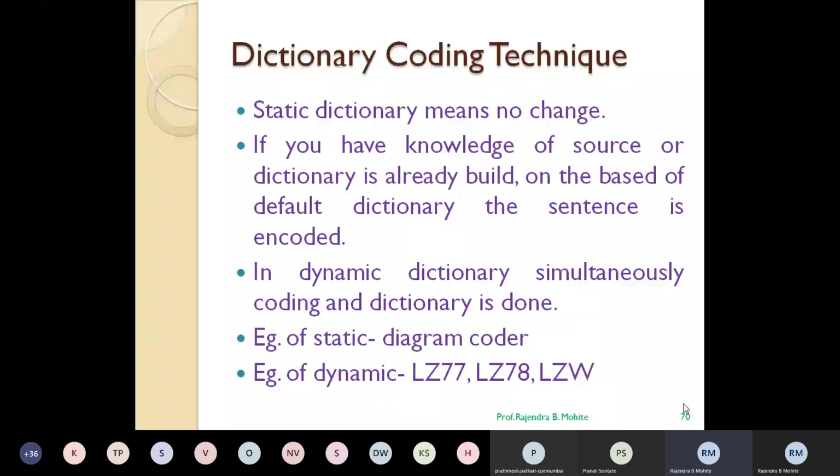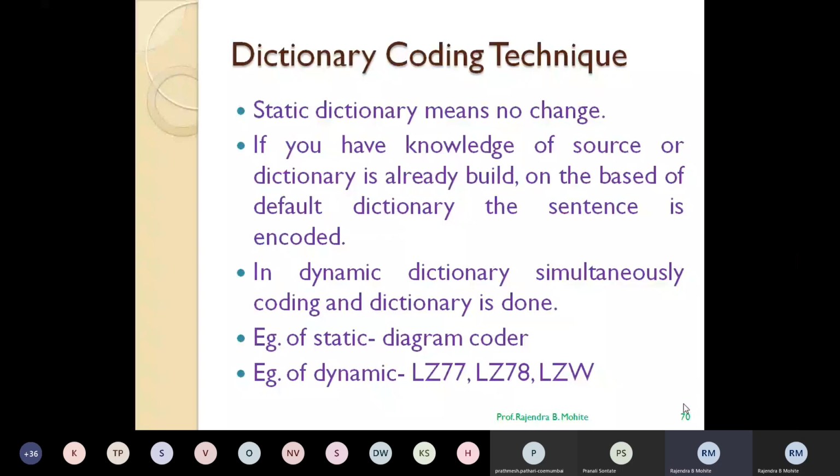For static dictionary, we have the digram coder, and for dynamic dictionary, we have LZ77, LZ78, and LZW. All the dictionary coding techniques are simple techniques.